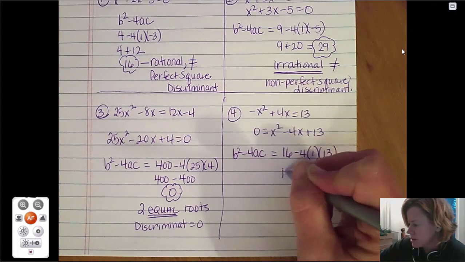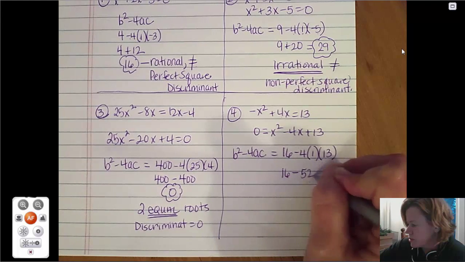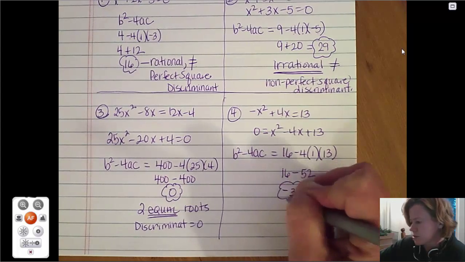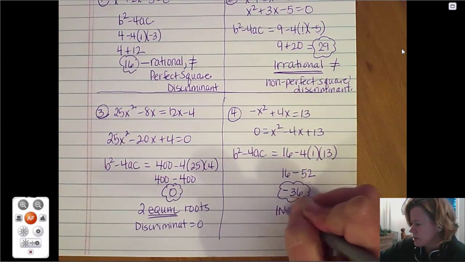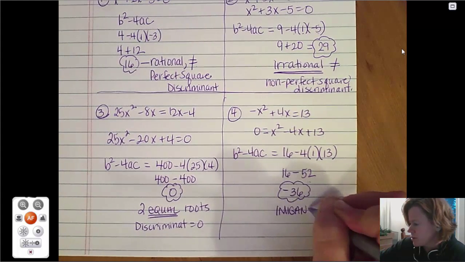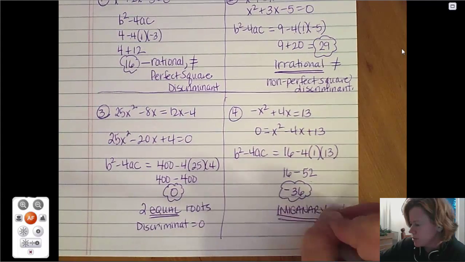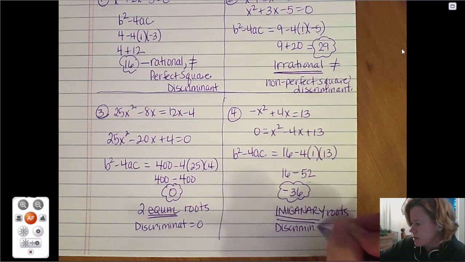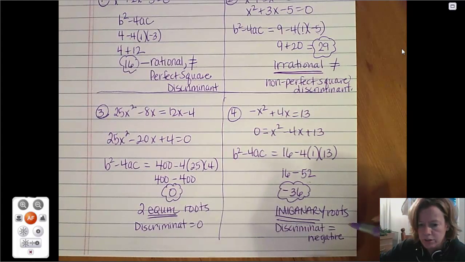Clean it up. 16 minus 52 gave us negative 36. The value of the discriminant was negative 36, and I ended up with imaginary roots because that number under my square root was negative. When the discriminant is negative, you get imaginary roots.